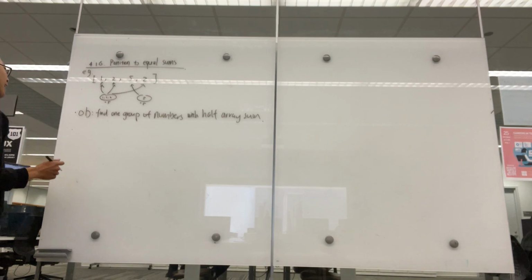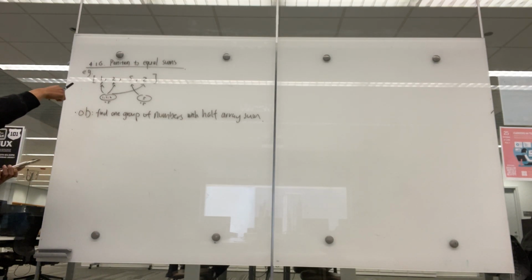And so the idea of dynamic programming is just to try whether we want to select it or not selecting it. And we will test if selecting it will give us the optimal answer.